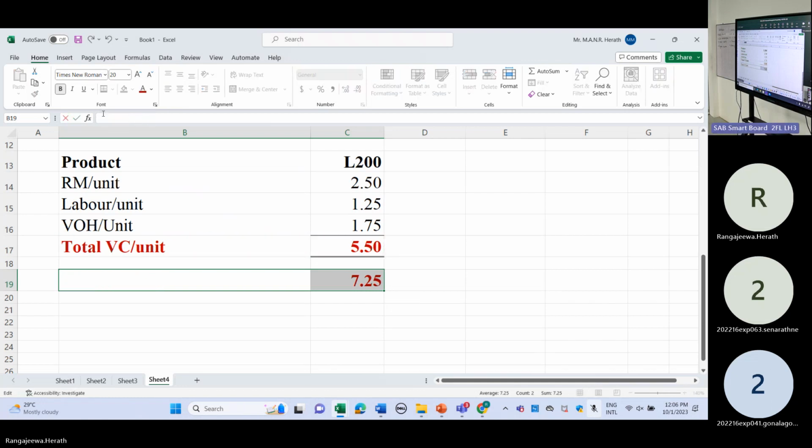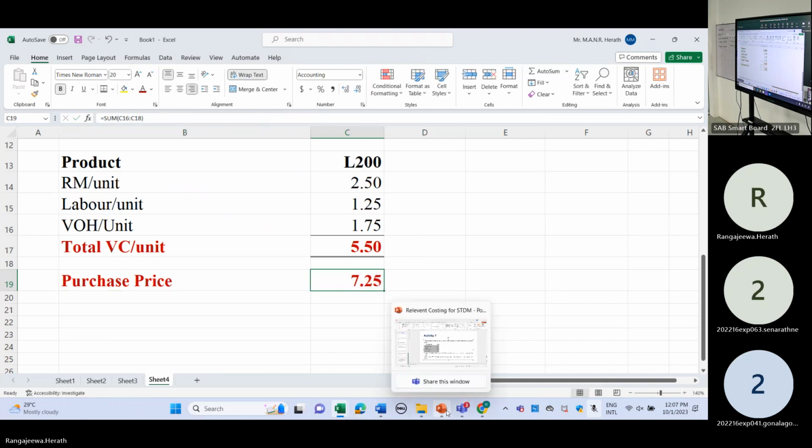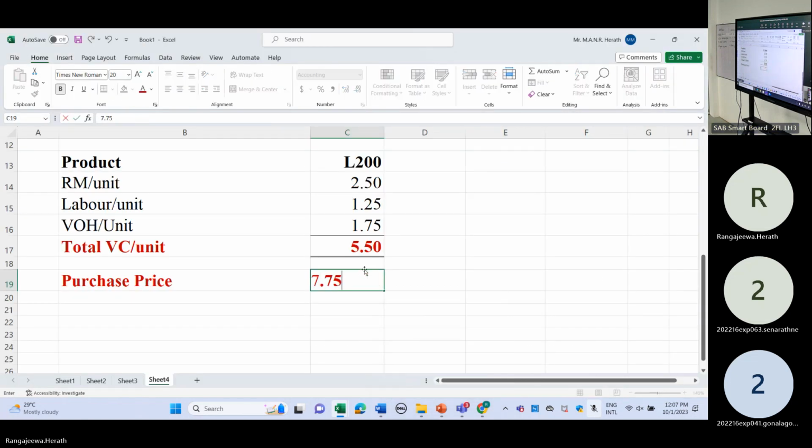The purchase price: we can buy it from outside for 7.75. So comparatively, manufacturing internally is more profitable, increasing profit.